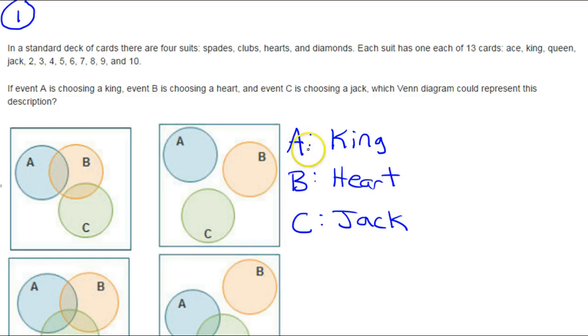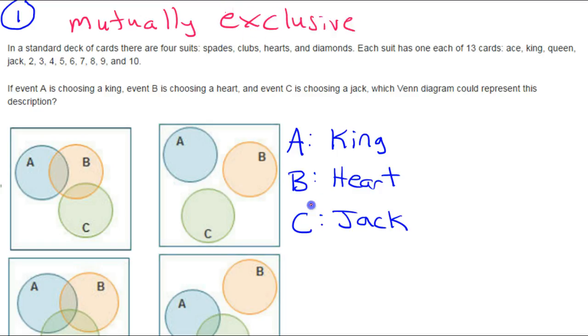So event A is choosing a king, event B is choosing a heart, event C is choosing a jack. Let's talk about which of these events are mutually exclusive. In other words, some of these events cannot happen at the same time.